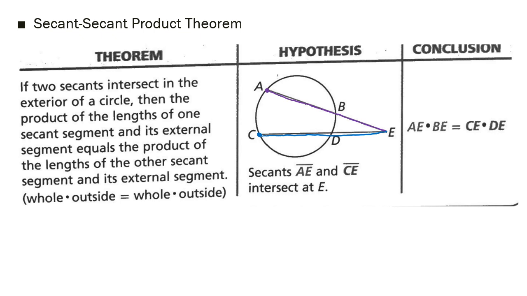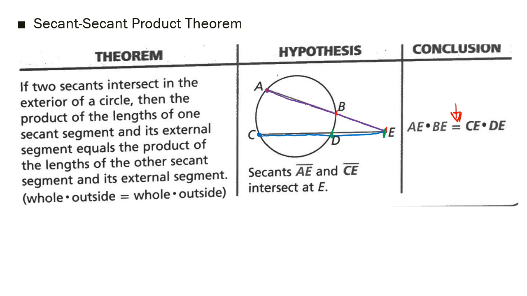When they do, the length of the entire secant, so A to E, times the exterior part of the secant, B to E, will equal the total length of the other secant, which is CE, times its exterior piece, DE. So they'll equal the same when they're multiplied.